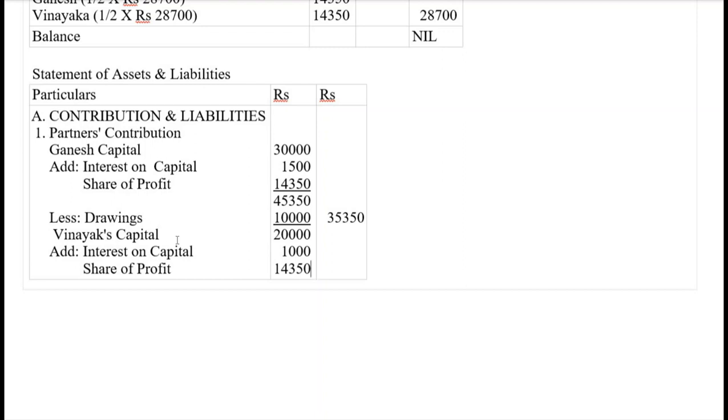When we take the sum of this, the total will be 35,350. From this we should subtract less drawings. His drawings are rupees 5,000 as given in the trial balance. Now let me underline here so that the difference we can take to the outer column.